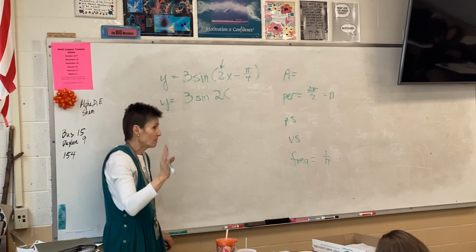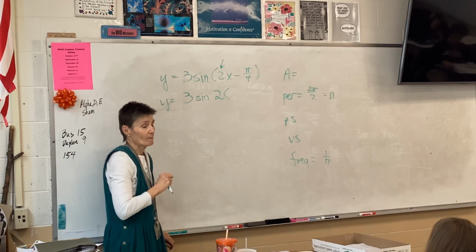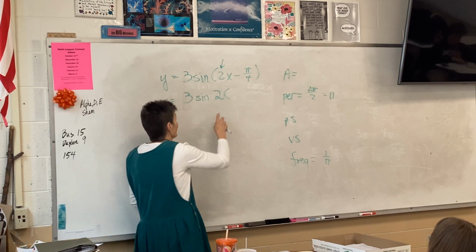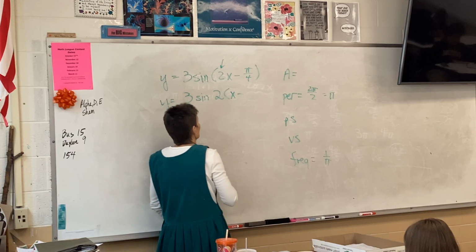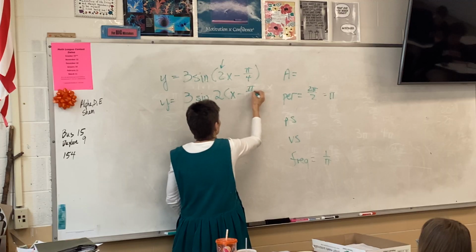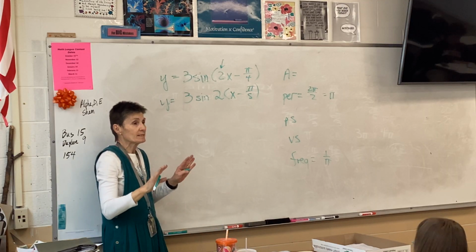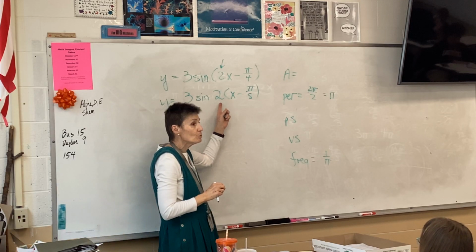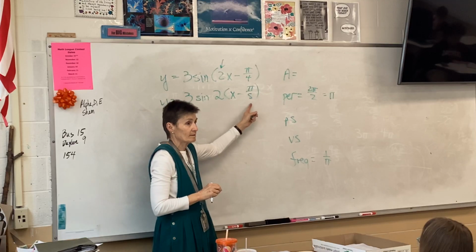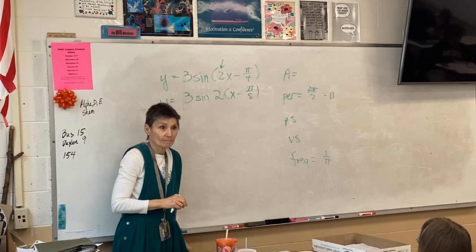I've already figured out what the period is. It's just going to help me figure out where to start my picture. When I take that 2 out, I'm going to be left with x minus what? Pi over 8. Now, some of you were very tentative with that. Check it. What is 2 times 1/8? Is it 1/4? Good, you got the right answer.